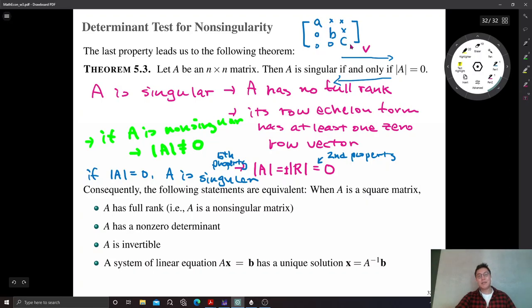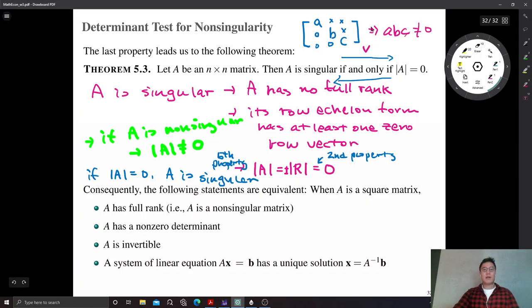But A, B, C should be non-zero numbers, because if B is 0, then this is not an echelon form, since we can kill this C or X. So A, B, C should be non-zero numbers, so the product of A, B, C, that is the determinant of this row echelon form matrix, is a non-zero number.